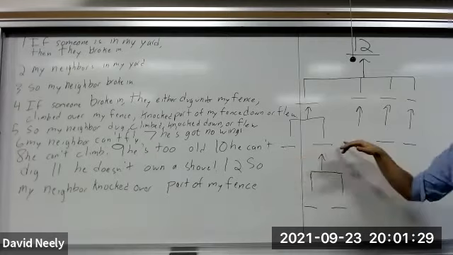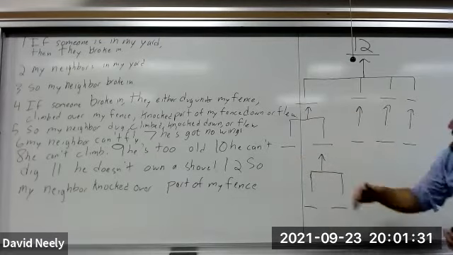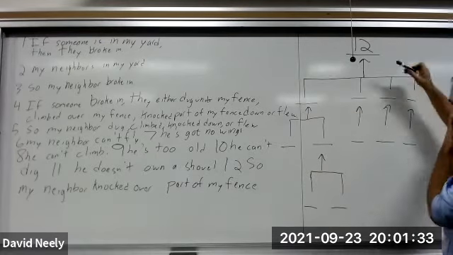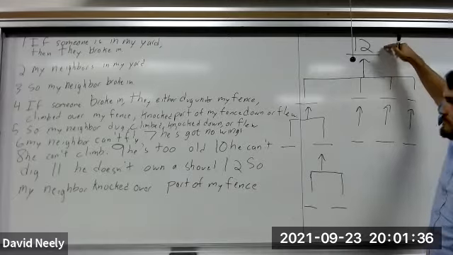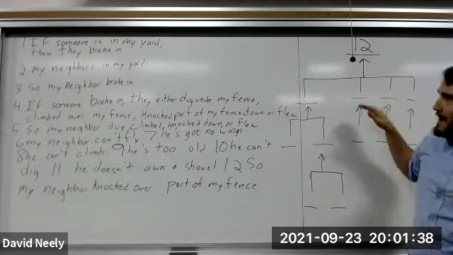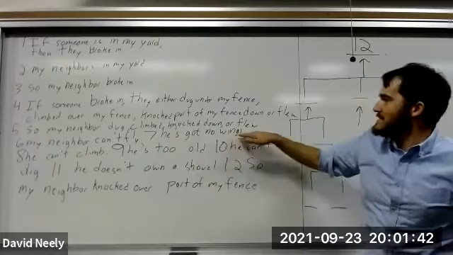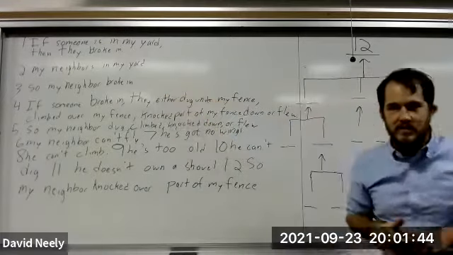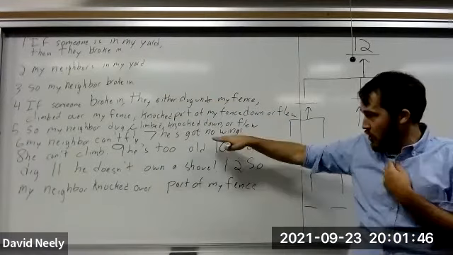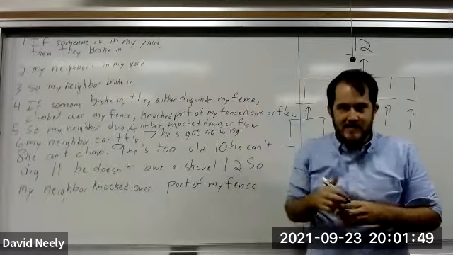Every other sentence in this collection plays some role in reaching the conclusion that my neighbor knocked over part of my fence. By contrast, "so my neighbor broke in": the fact that he's got no wings is not directly coming to the conclusion that my neighbor broke in. In a different argument, it could be, but in this particular case, it's not.